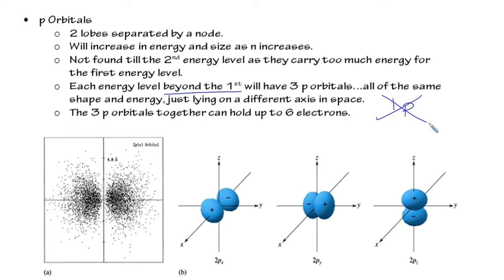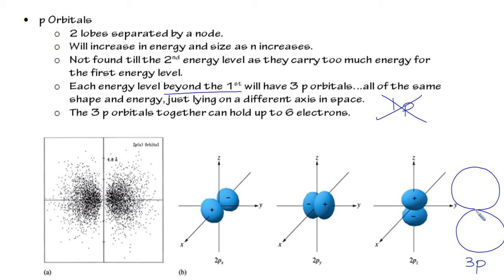So here they have these examples listed, and they've got 2p. Now, if I had a 3p orbital, it would look real similar. It would just be larger.